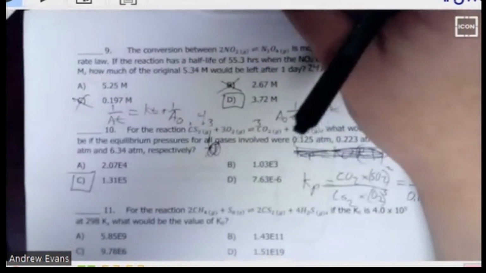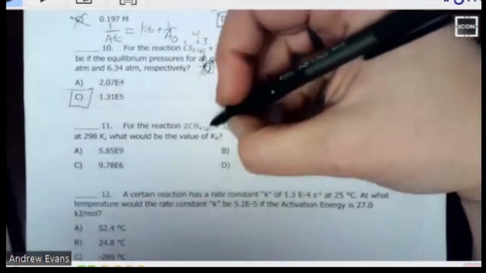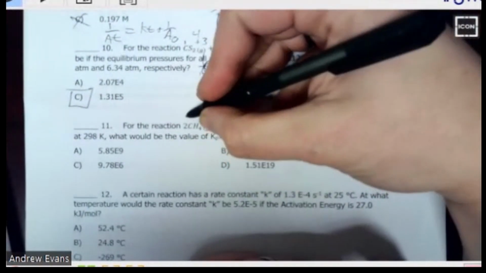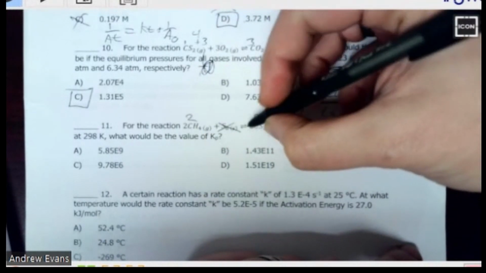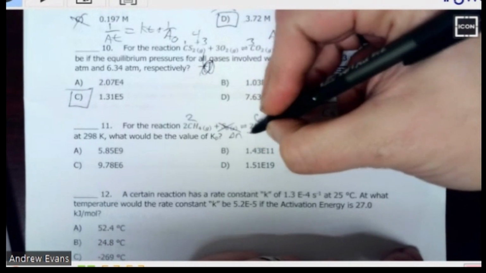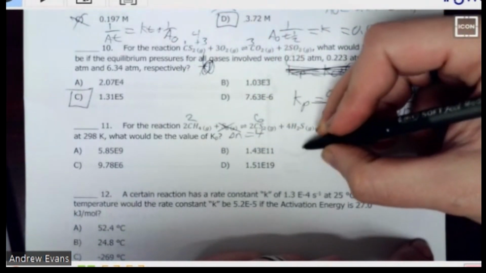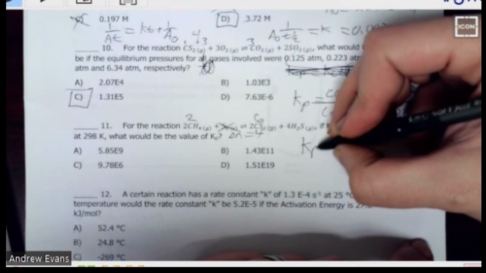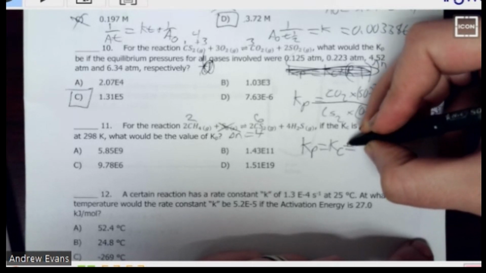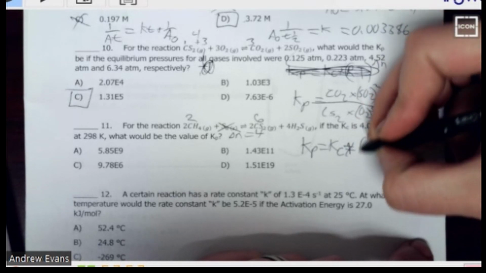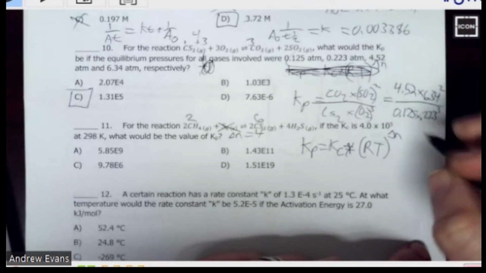Now, this one is the Kc to Kp. I jumped the gun. We have 1 solid and 2 gases goes to 2 plus 4, 6 gases. And delta n is 4. So if Kc is the given number at 298 Kelvin, what is your Kp?